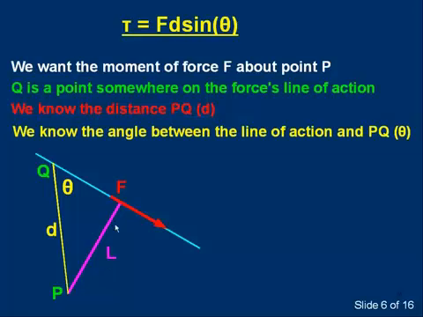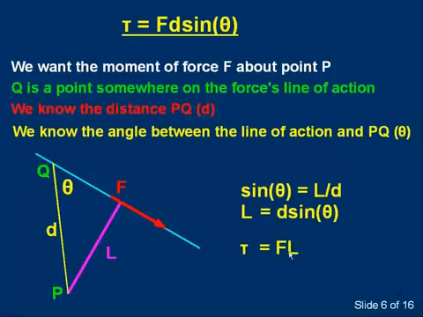That's L. Of course, the moment is simply F times L. But we know that sine theta is L over D. Right angle triangle, sine theta is the opposite, L, over the hypotenuse D. Sine theta is L over D, so L is D times sine theta. The moment is F times L, so we substitute for L and get that the moment is FD sine theta. That's the proof of the formula, if you like.